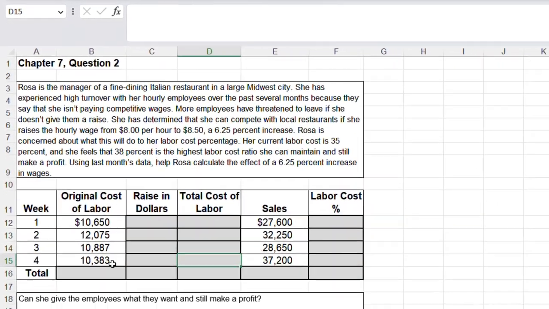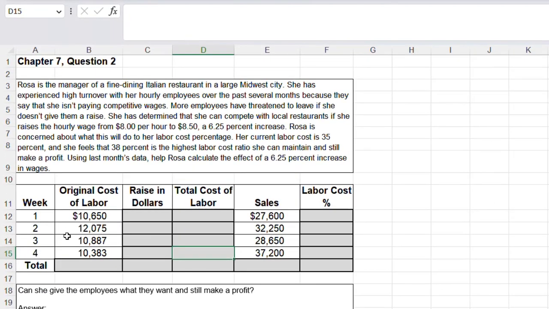All right, so we see in our past month, we've got our 4 weeks. We have all of our cost of labor. So if we want to calculate what our increase would be, we will take that cost of labor and multiply it times this 6.25%. All right.